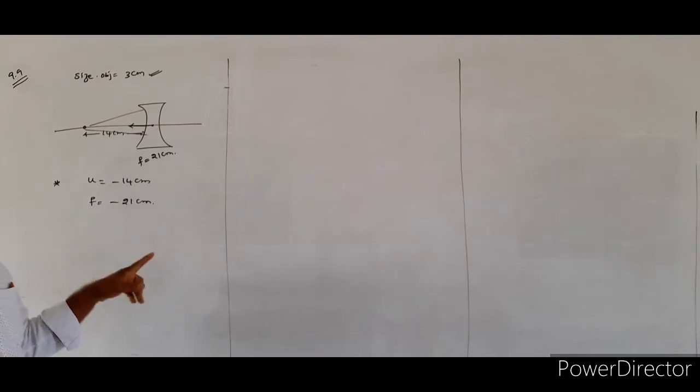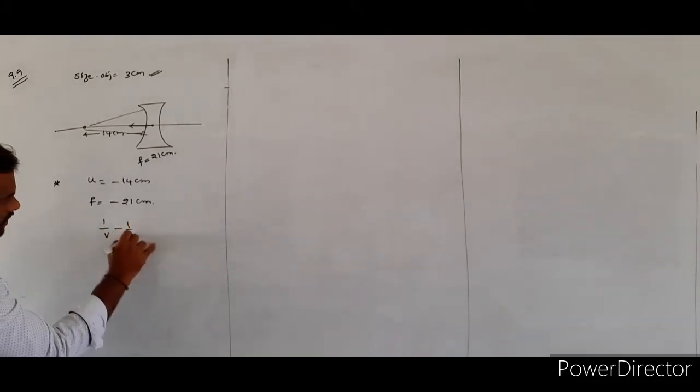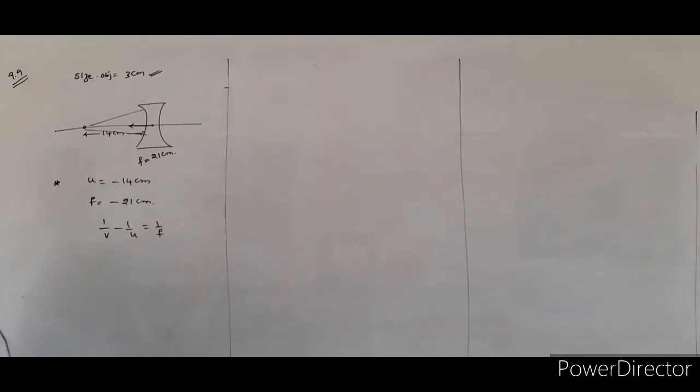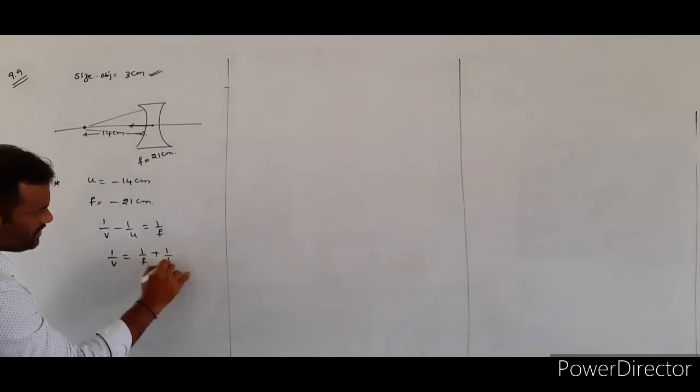Now I want to calculate the image distance value. To calculate it, we have the formula: 1 by v minus 1 by u is equal to 1 by f. So 1 by v is equal to 1 by f plus 1 by u.